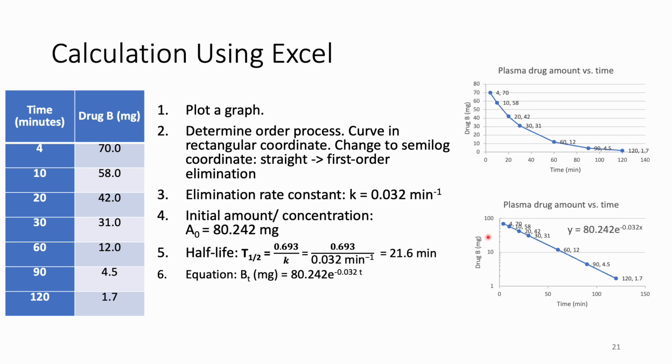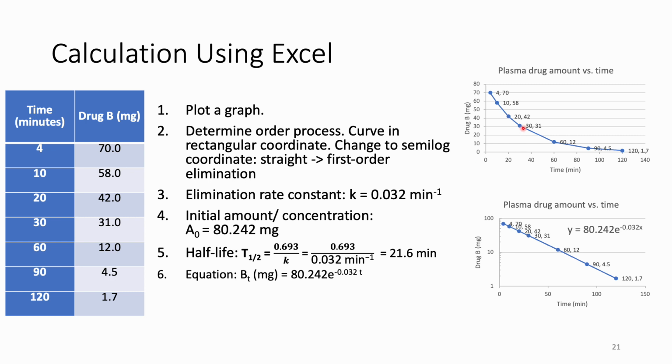Then I take the logarithm of the y-axis and have a straight line. From the straight line, I just add a trend line in the Excel graph, and then I have the equation describing the straight line within 30 seconds. I will have a separate video showing you how to use Excel to calculate the PK parameters.